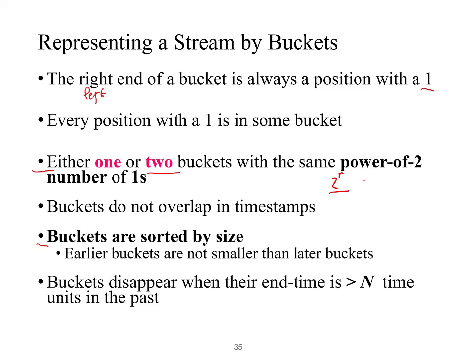Then for the buckets with 2 to the power of r minus 1 ones, 2 to the power of r minus 2 ones, and so on and so forth, until it has 2, and has 1, for all these buckets, the number should be either 1 or 2.